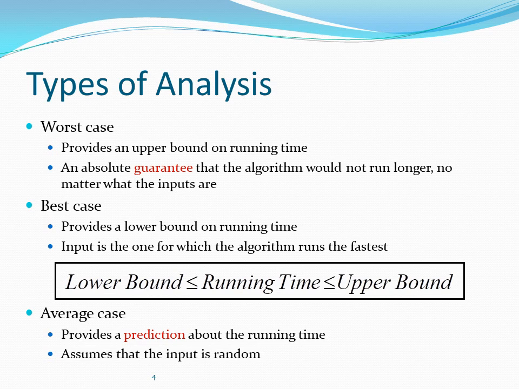It provides a prediction about the running time, assuming that the input is random. Best case analysis means a lower bound on running time. Worst case means an upper bound on running time. Average case means a prediction about the running time.